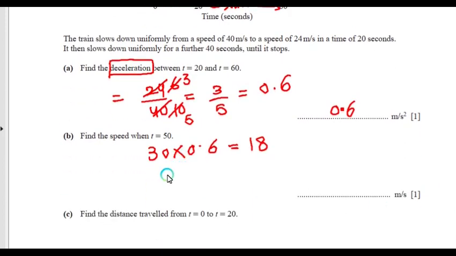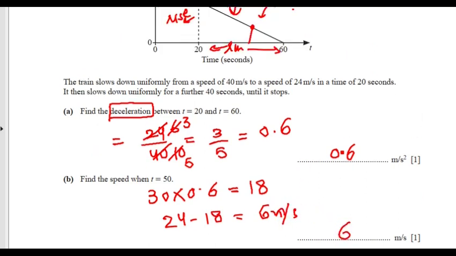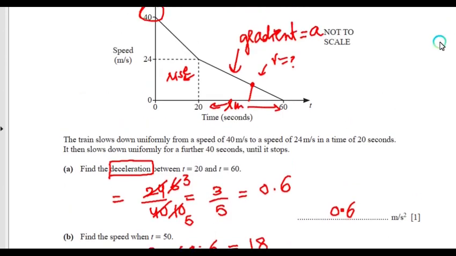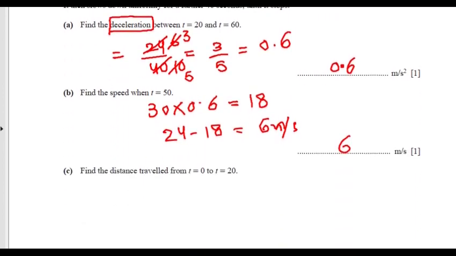So it will be 24 minus 18, so the remaining speed will be 6 meter per second, right? So the speed was 24, it decreased by 18. So at this point the speed becomes 24 minus 18, which gives you 6 meter per second.